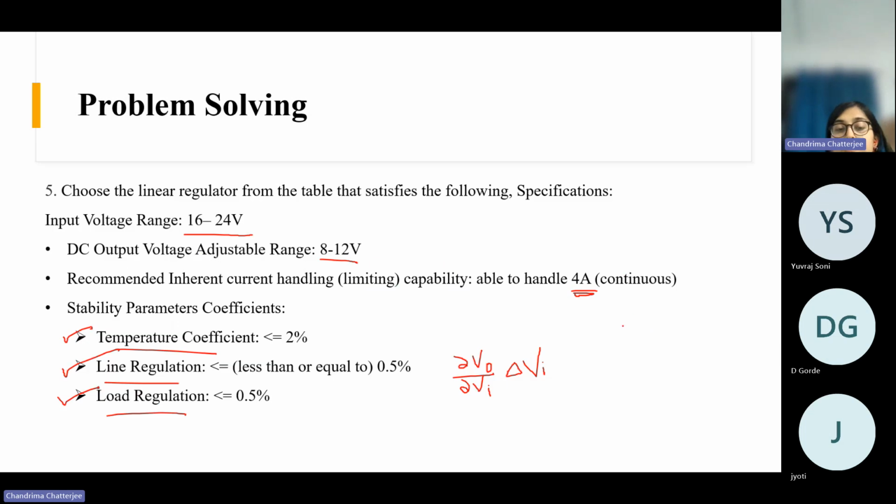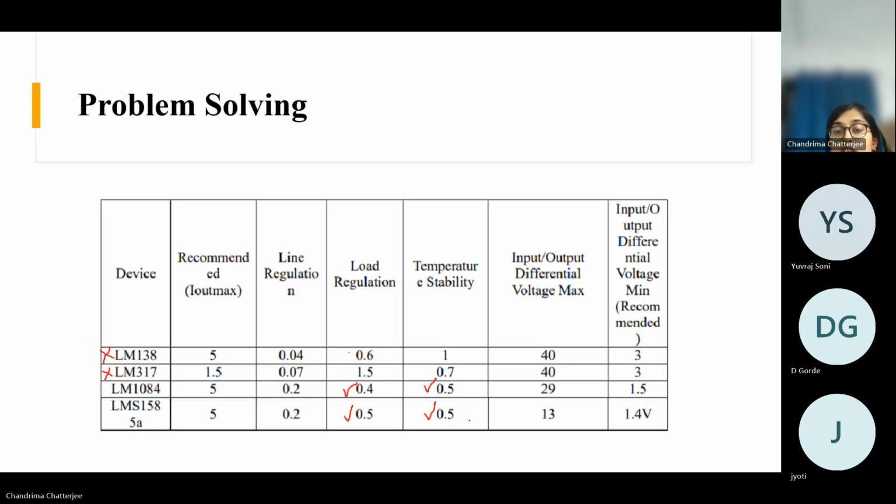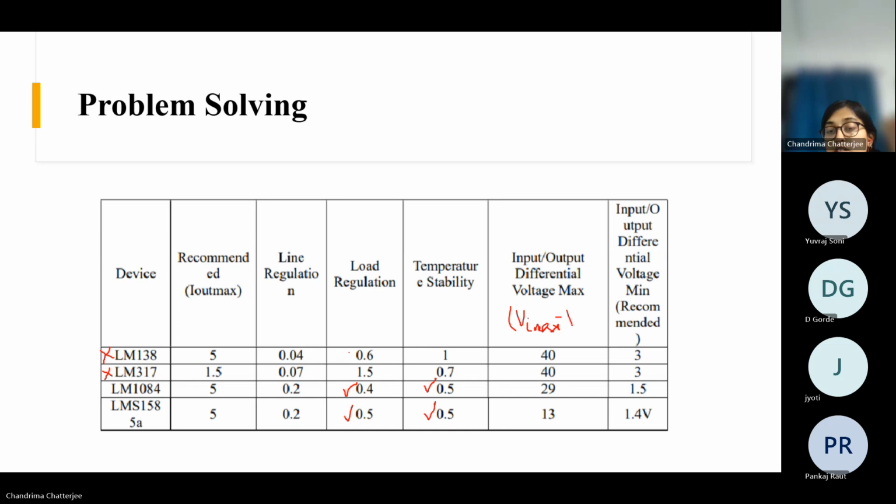So this parameter is basically Vi max minus Vo min.